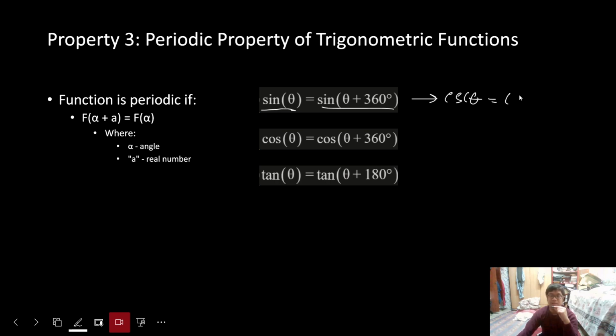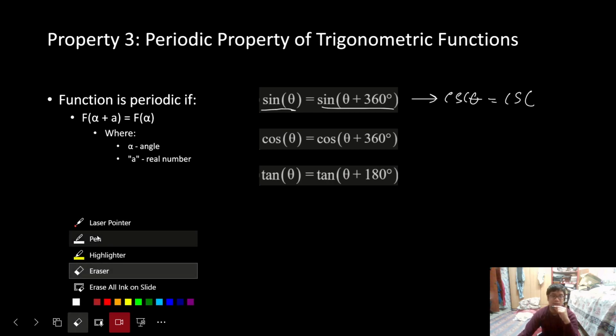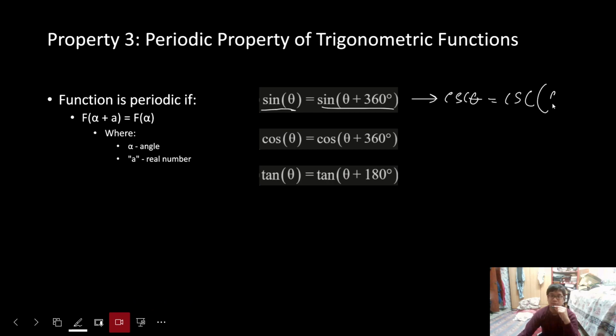So cosecant of theta is equal to cosecant of (theta plus 360 degrees). The reciprocal for cosine, which is secant theta, is equal to secant of (theta plus 360 degrees). So basically, they're just the same as their reciprocals.